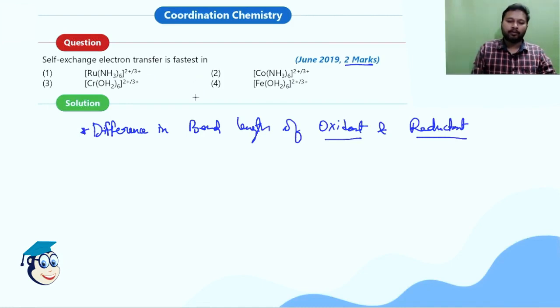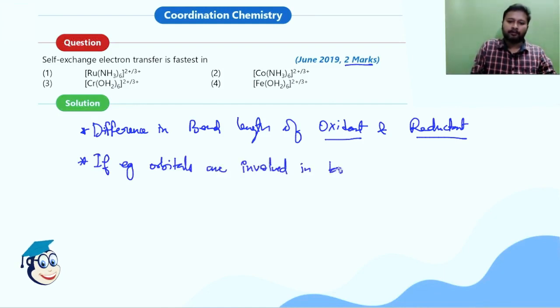One more thing before understanding bond length: if Eg orbitals are involved in bond formation in the complex, then the bond length increases.